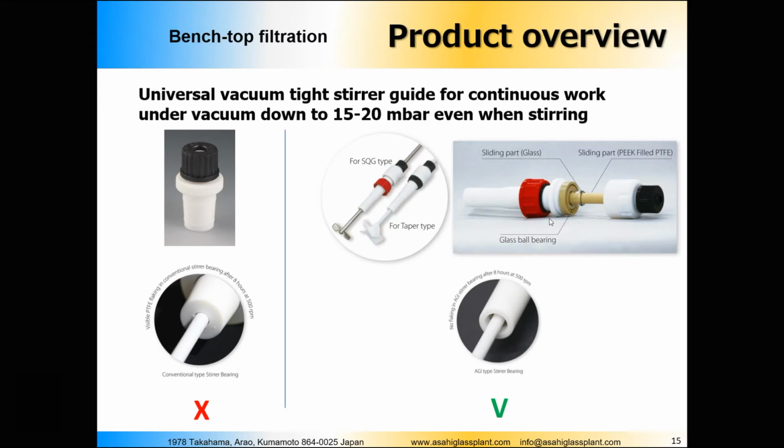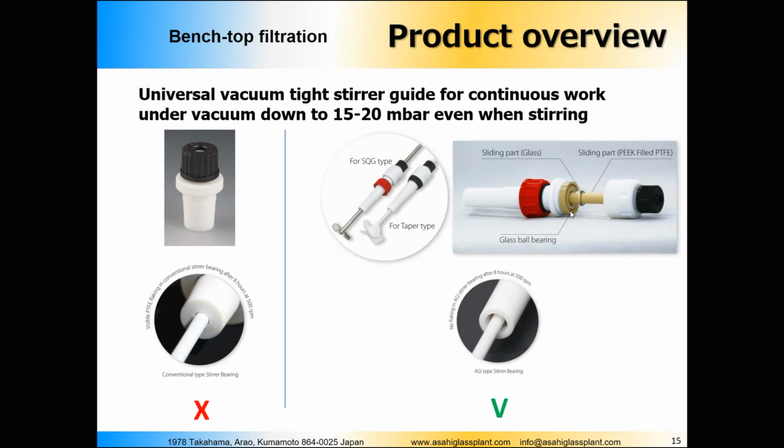This is the unique bearing in here, and what is unique about it is that it's the only bearing that I ever saw in my life which is made of PEEK. That's the brown material which you can see here, and it has some glass balls inside.